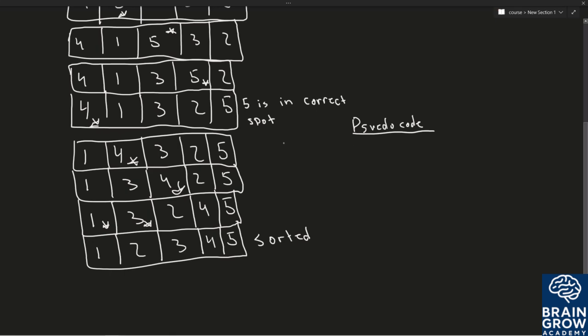So we know that we started at iteration 1, so this would be one for loop. So we'll say for i in 0 to size - 1, and then we're comparing it with all the elements adjacent to it.